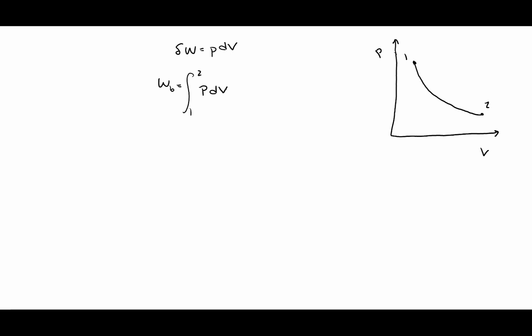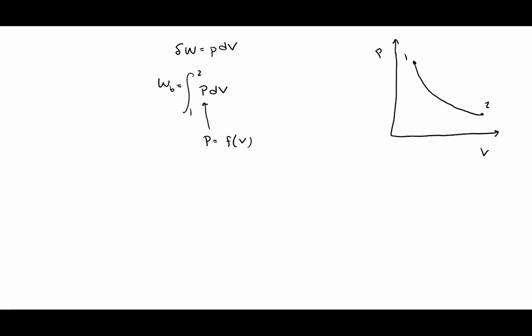So in order to evaluate this, we need to know what the relationship is between the pressure and volume. In other words, pressure is a function of the volume, and we need to know what that relationship is. So this relationship, if we have a quasi-equilibrium or quasi-static process, is simply the equation that represents the process path on the diagram.